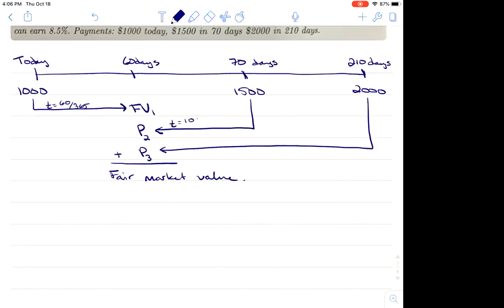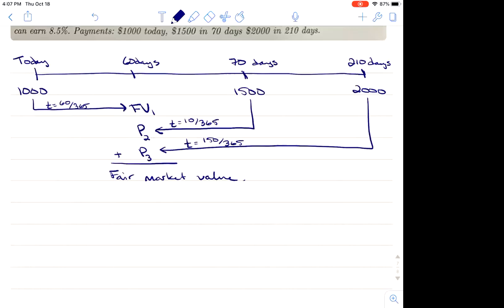So T is 10 out of 365. And then don't be a hero, 210, just use your calculator, 210 minus 60, T is 150 out of 365. Just use your calculator.